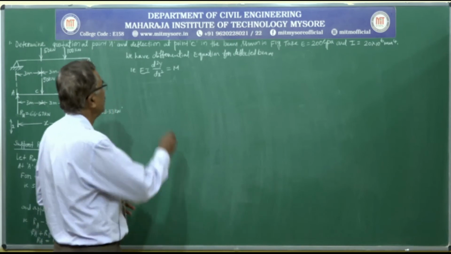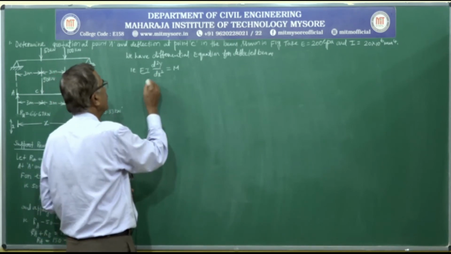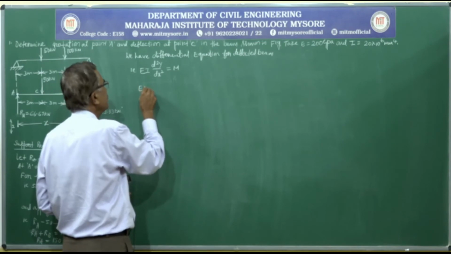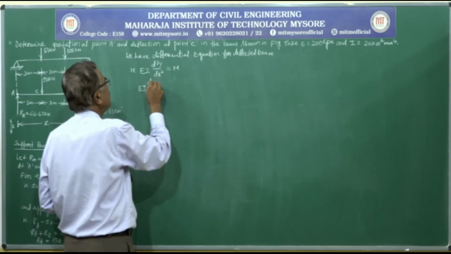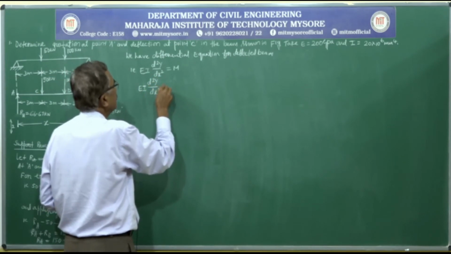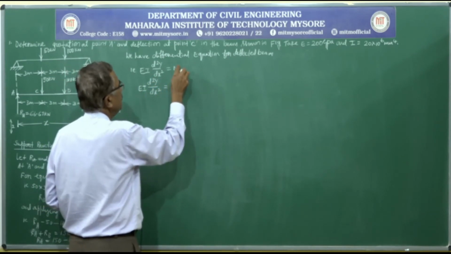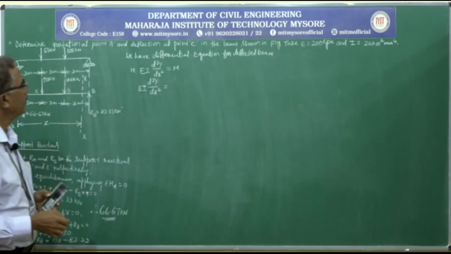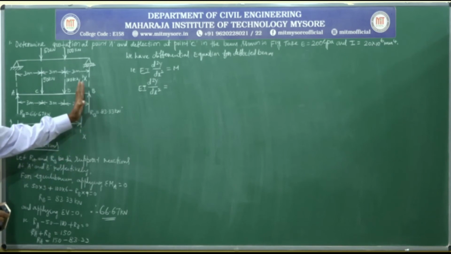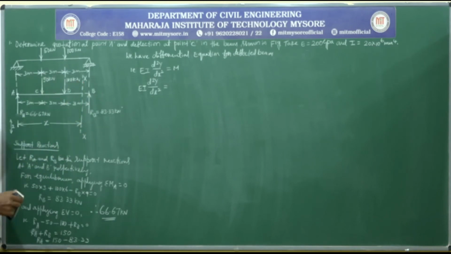So here retain the left hand side of the differential equation as it is, EI into d square y by dx square is equal to, here M is equal to bending moment about the section by considering all the forces to the left of the section, means towards the origin.